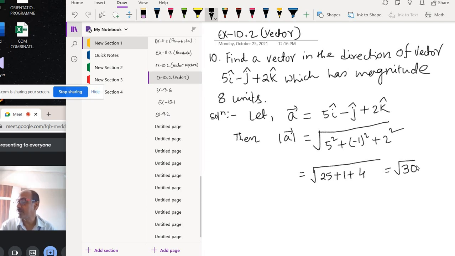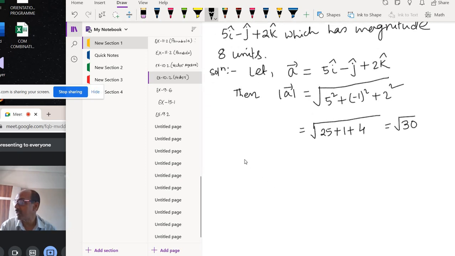Okay, this is the magnitude of the given vector A.